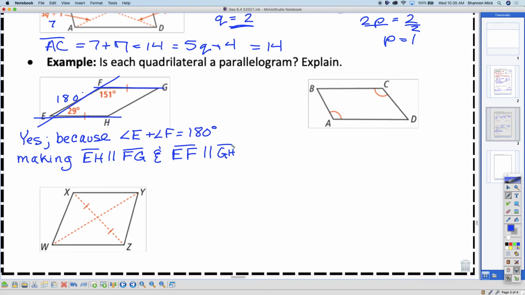Okay, what about this one? No, because they only tell me what? They only tell me angles A and C are congruent. And what also has to be true? B and D, but do they tell me B and D are congruent? No. So it's no. Not enough information. Well, I said there's not another set of congruent angles.